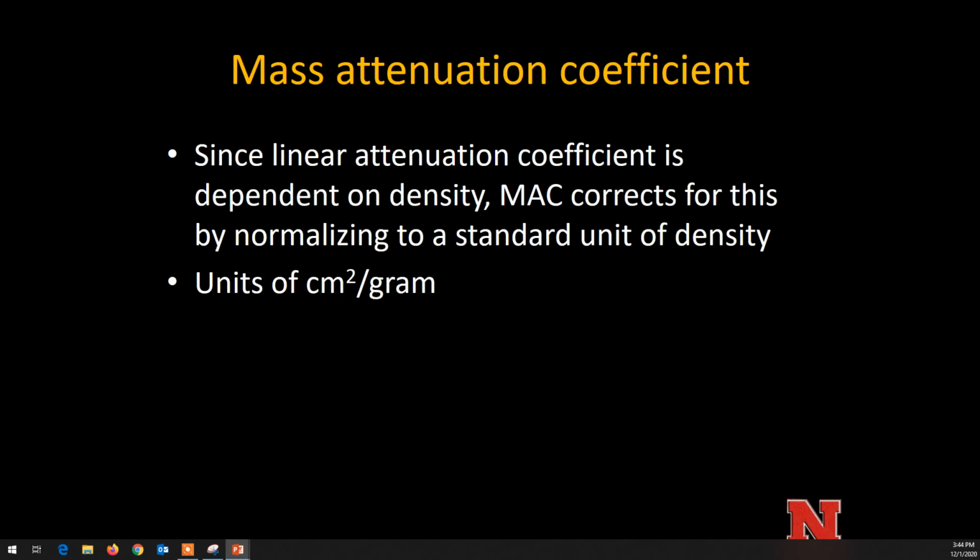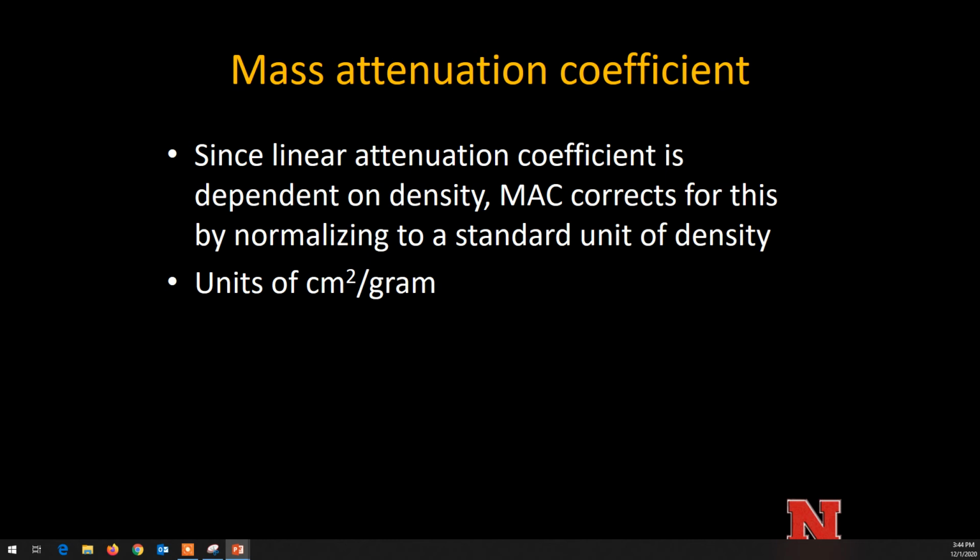The mass attenuation coefficient is another unit that you have to be familiar with. Since the linear attenuation coefficient is dependent on density, the mass attenuation coefficient corrects for this by normalizing to a standard unit of density and puts it in units of centimeters squared per gram.